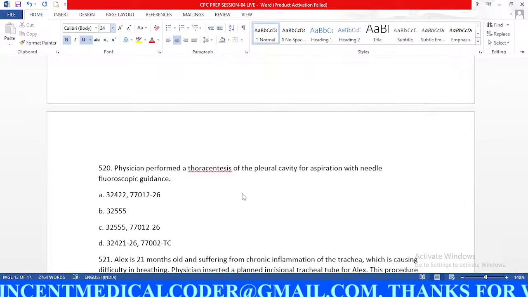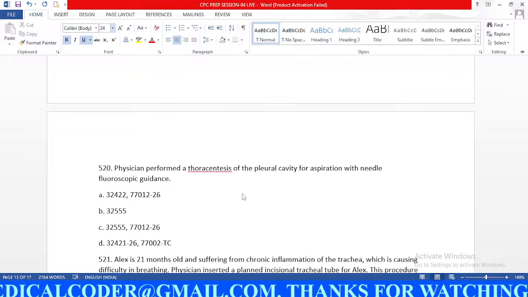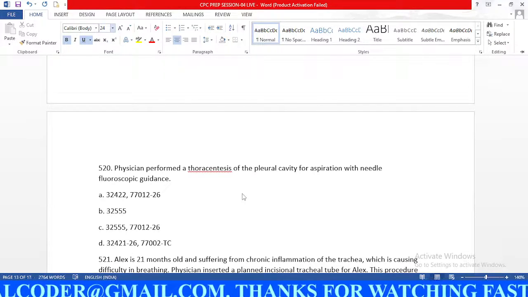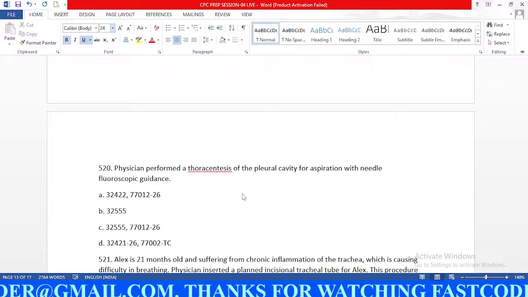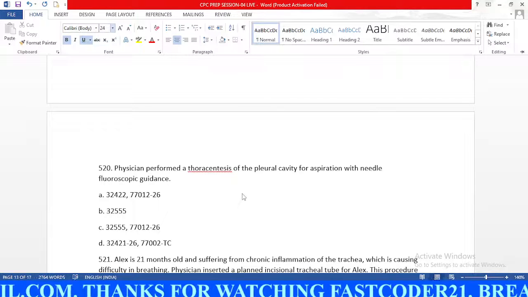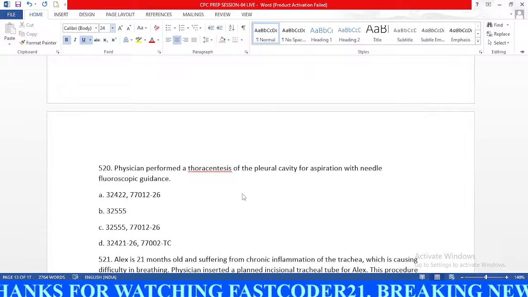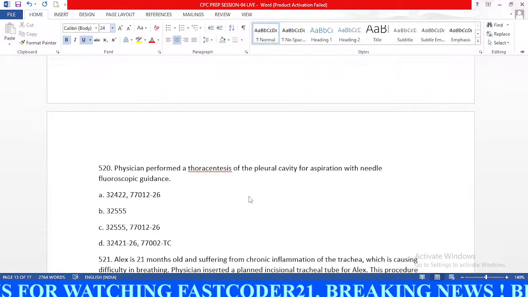So now we can see the answer. Second question, sorry, this one. Here the physician performed thoracentesis. Thoracentesis means aspiration of fluid from the thorax, the pleural cavity, for aspiration with needle, fluoroscopic guidance. Here we need to check all the codes.